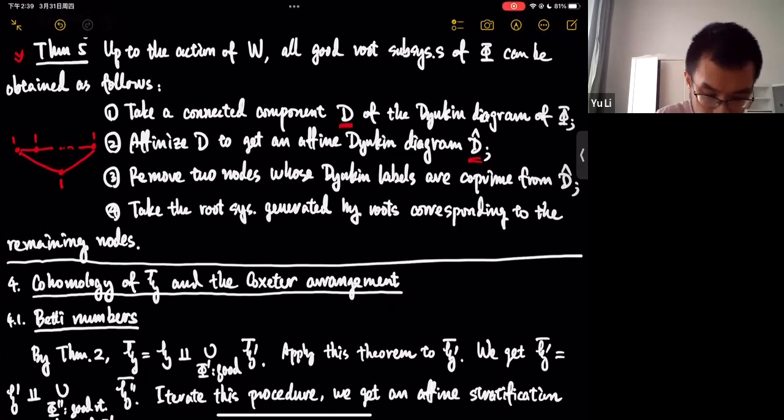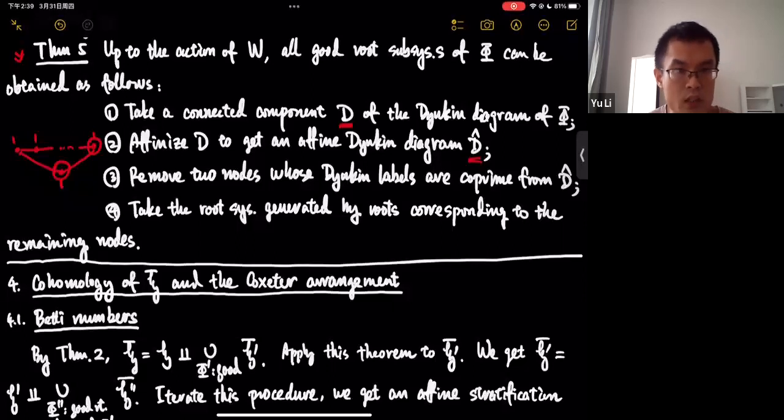For example, in my type A_n example, I can remove this affine node and maybe this one. Then I'm left with a Dynkin diagram of type A_{n-1}. And then I take the root subsystem generated by the roots corresponding to the remaining nodes.